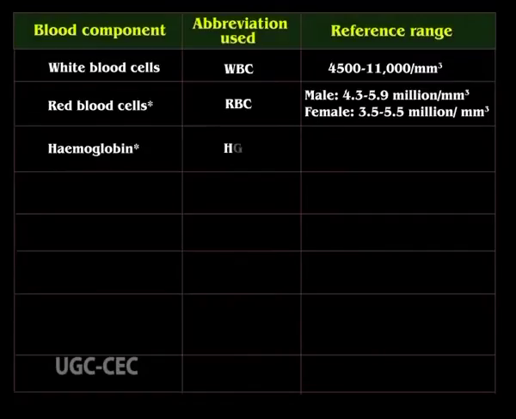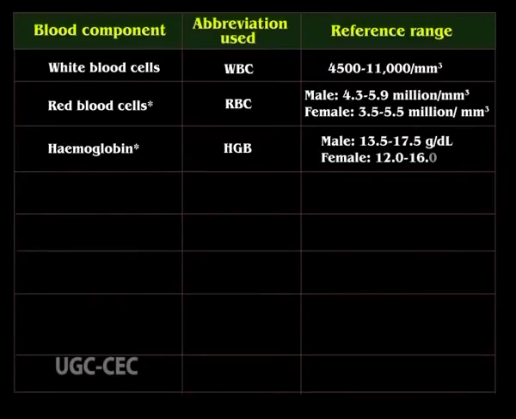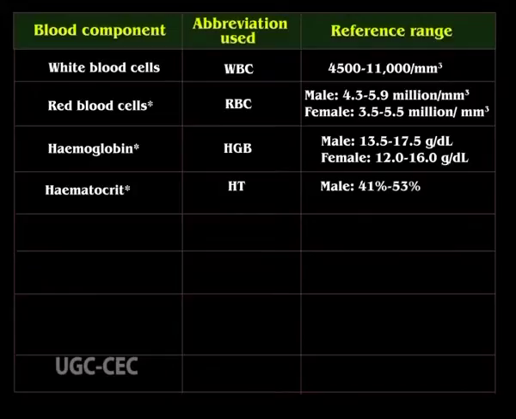Hemoglobin, Hb, male 13.5 to 17.5 gram per deciliter, female 12 to 16 gram per deciliter. Hematocrit, Ht, male 41 to 53%, female 36% to 46%.